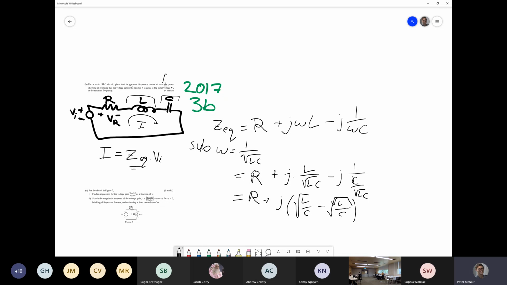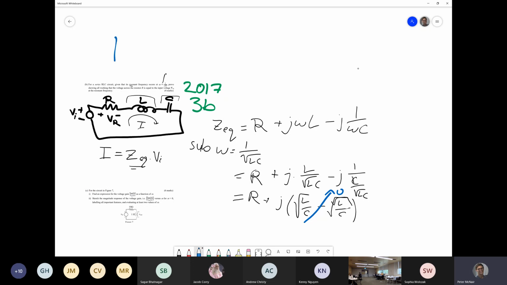And you can see those are exactly the same term, aren't they? So they're going to completely cancel. And just like we expect, the imaginary part goes to 0. So this is what resonance is all about.